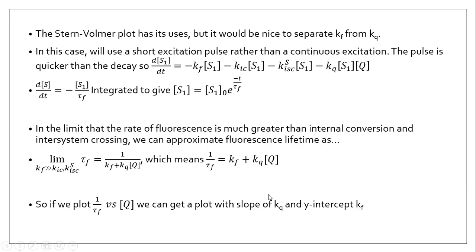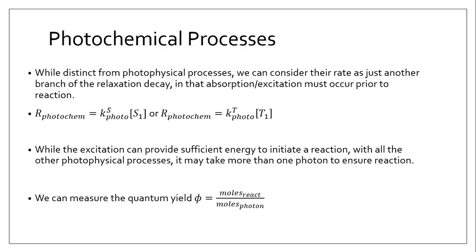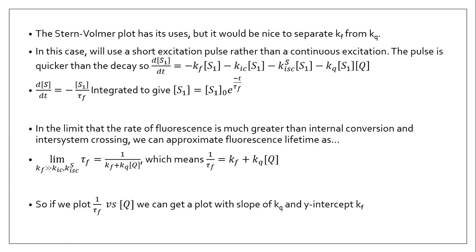Remember, what is tau F? That's the rate of total relaxation. So all those things will help us figure out how long it takes for this to fluoresce, how long it takes to fully relax, and how quenching plays a part in this.